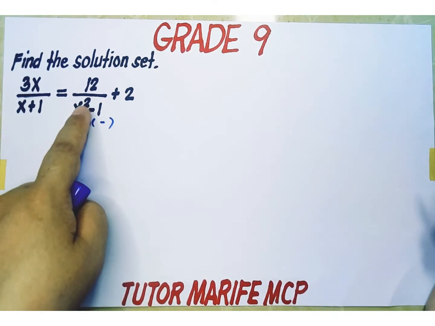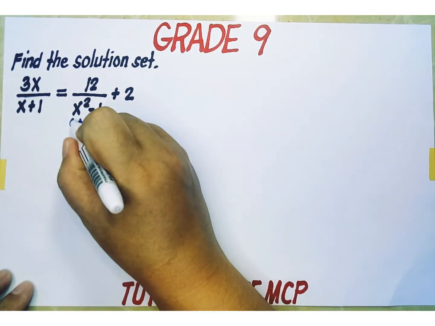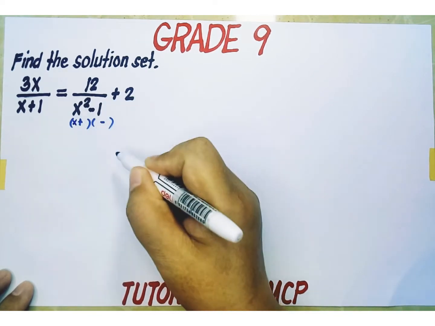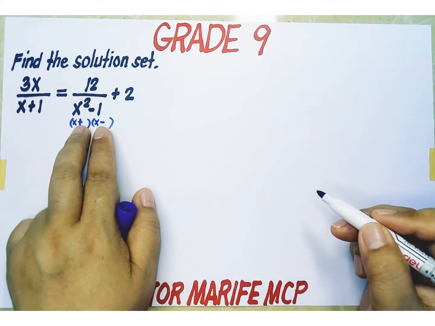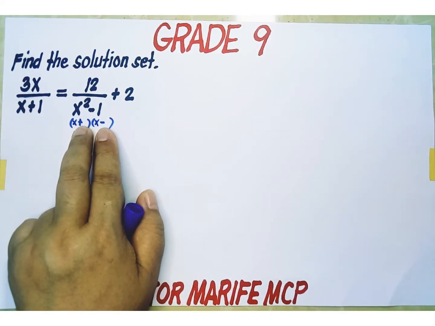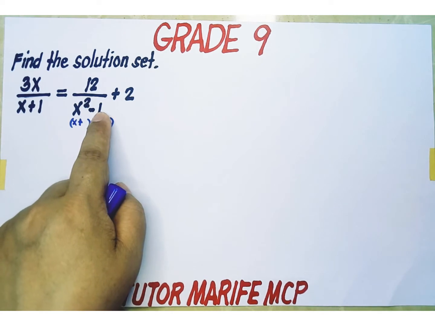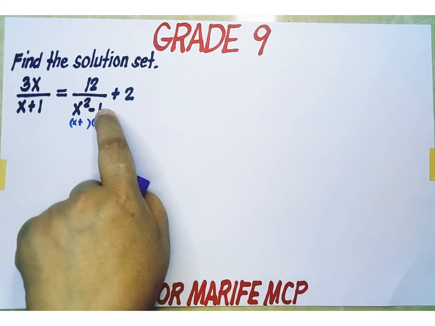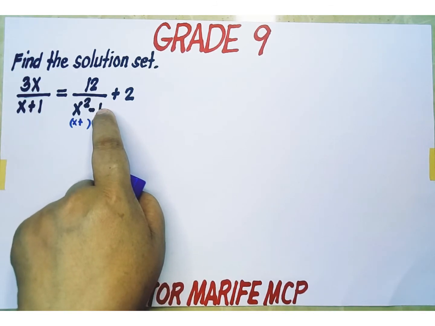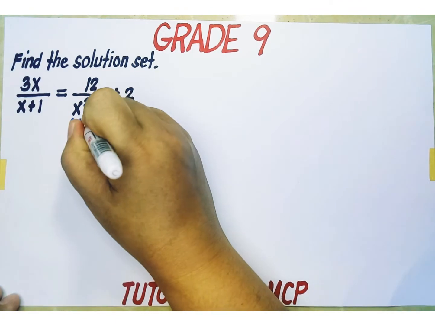Okay, what is square root of x squared? It's x. Yung second terms natin sa ating binomial factors is the square root of the second square. Ang second square natin ay 1. And square root of 1 is 1.